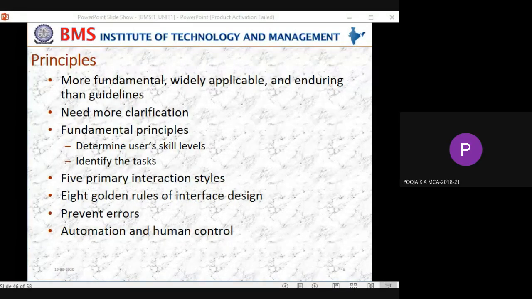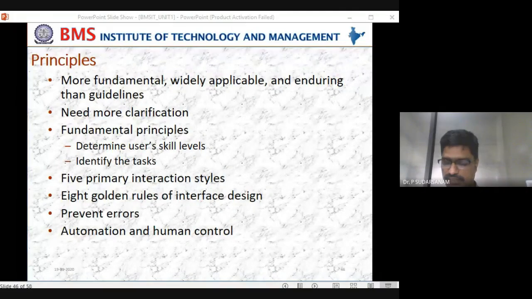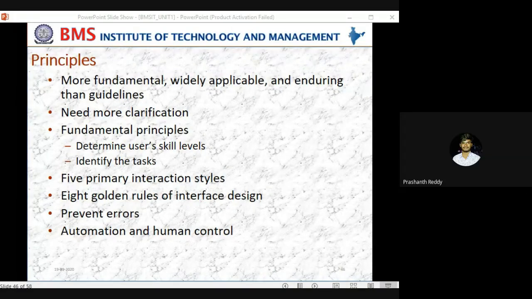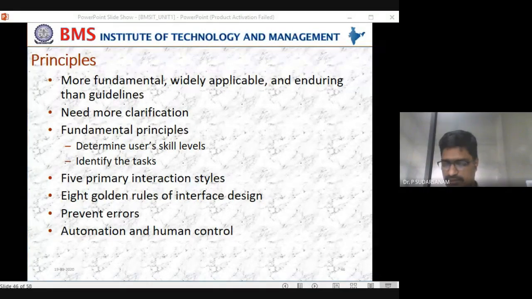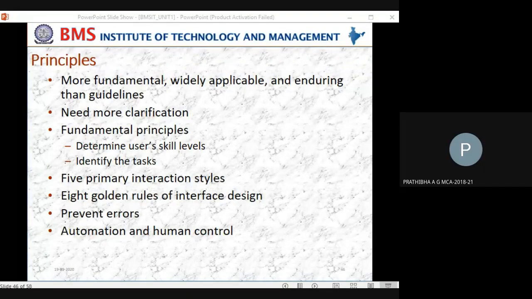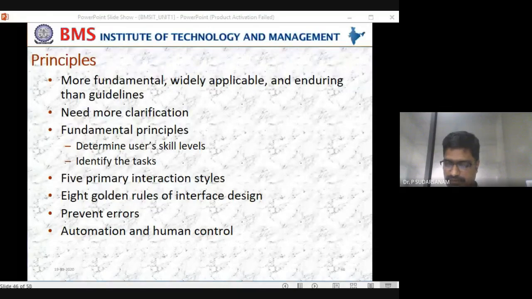Present, sir. 63. Present, sir. 64. Pratibha. 65. Ramakrishna. Present, sir. 66.